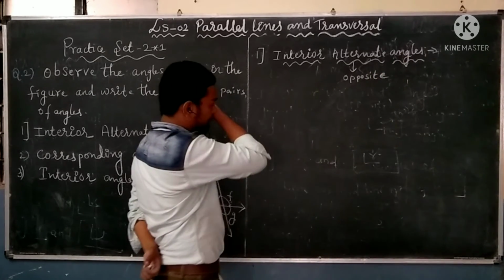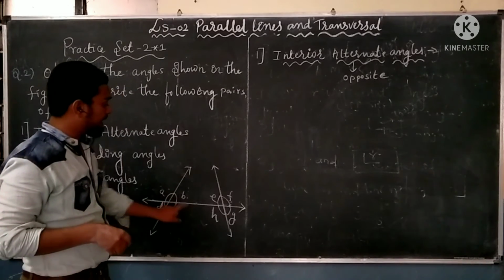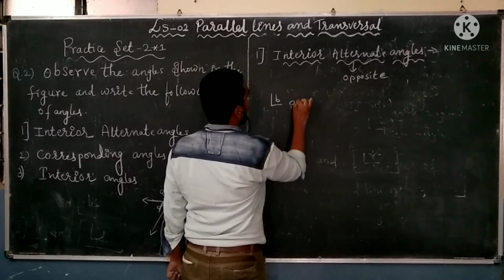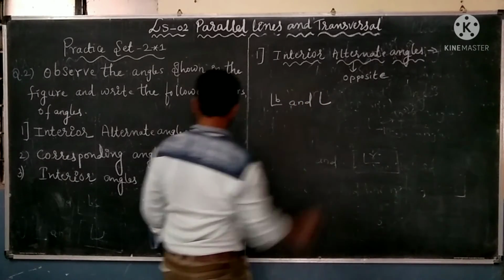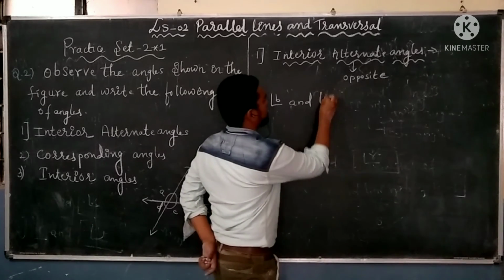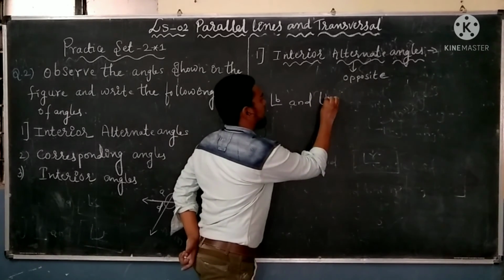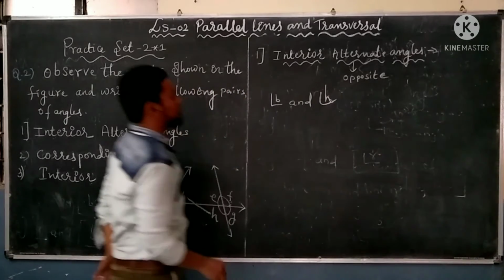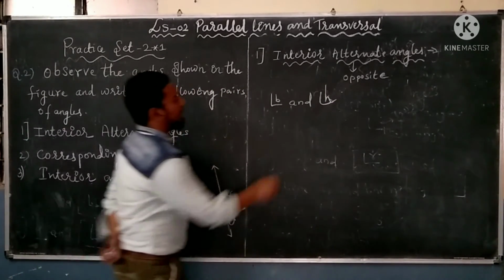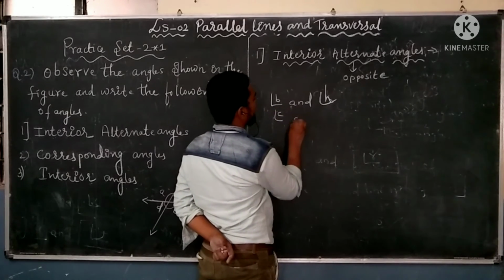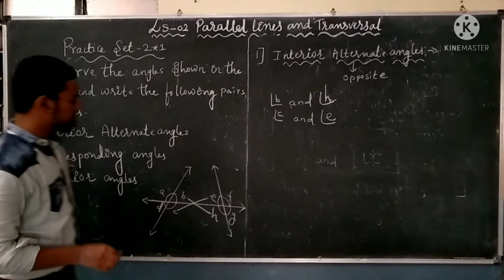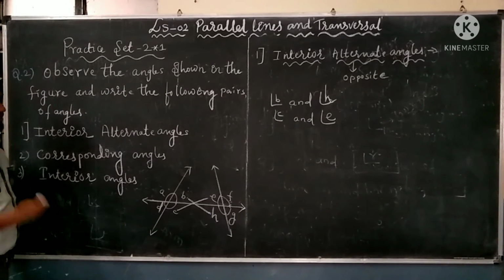First of all, we are taking angle B, opposite is angle H. Next, angle C opposite is angle E.